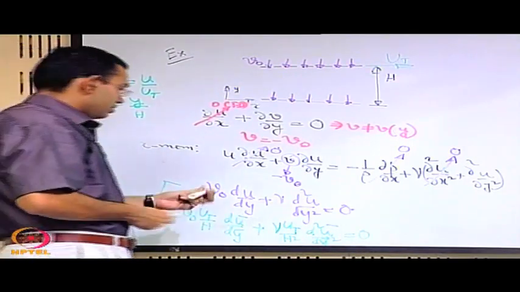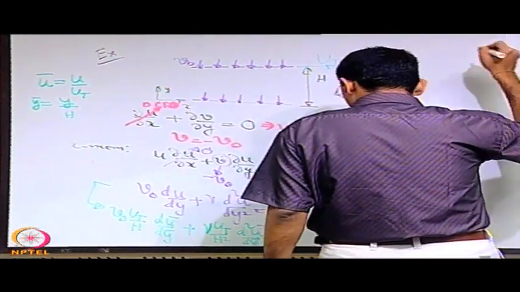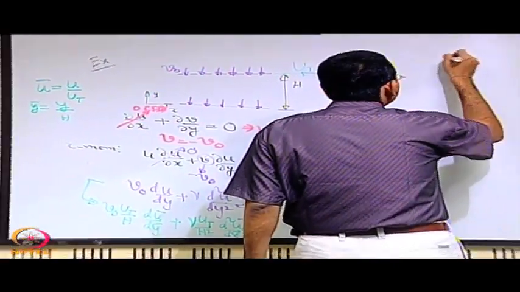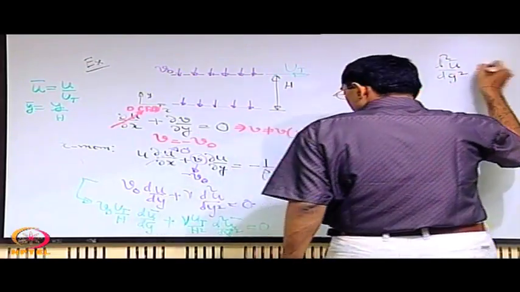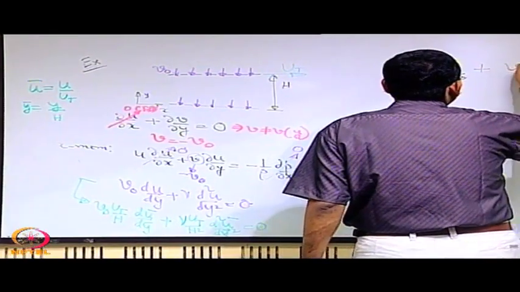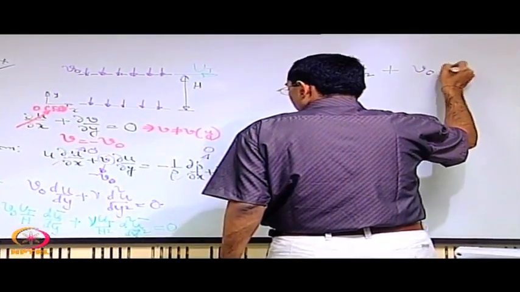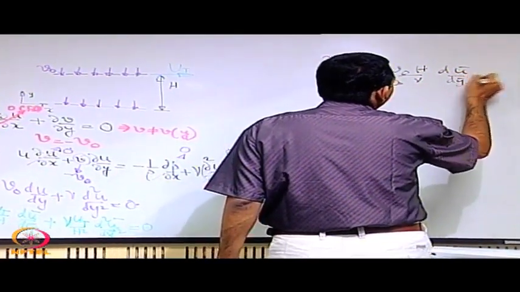So we may write it in a simplified form as d2u/dy2 plus V0 h by nu du/dy equal to 0.